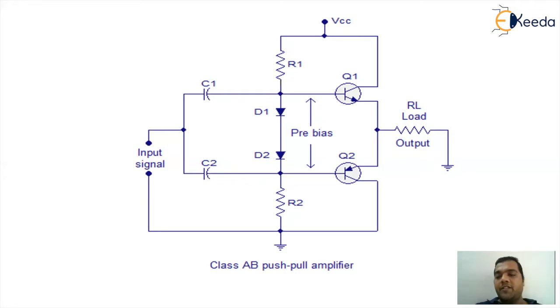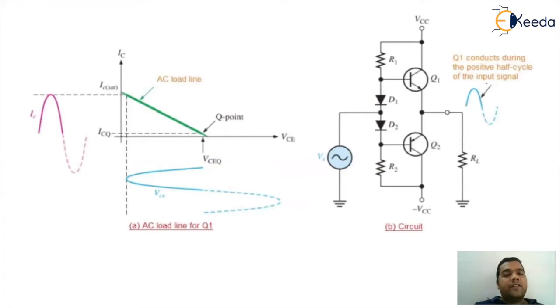The basic operation result will still remain the same when you consider this circuitry or the previous circuitry, where both the circuits will be eliminating crossover distortion because of the biasing network provided, and the diodes D1 and D2 are designed such that diode D1 will provide the biasing potential for Q1 and D2 is going to provide the biasing potential for Q2. Because of this effect, there is going to be a slight shift in the Q point and we will be able to observe the entire signal at the output point.